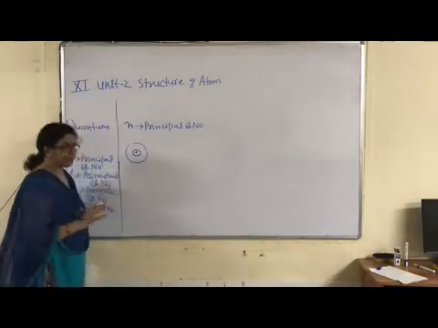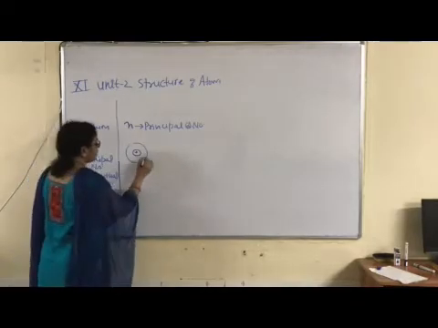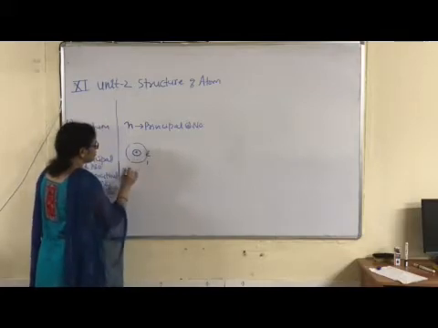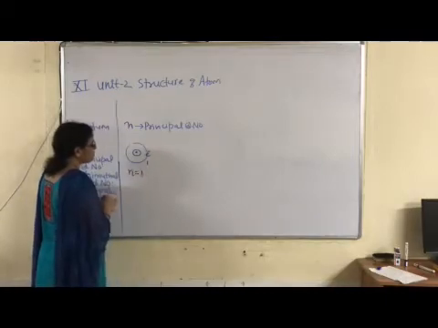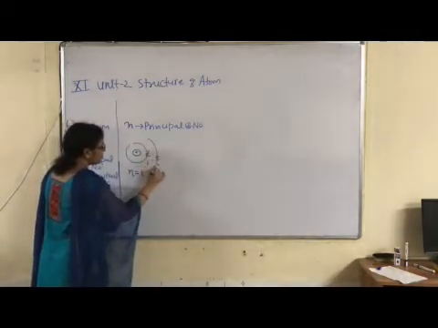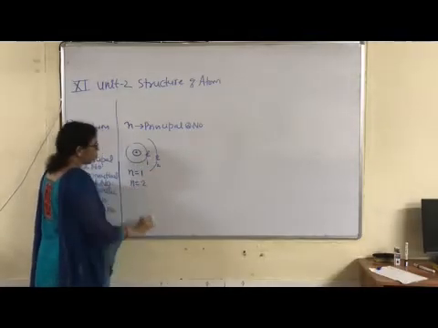But in a subshell, this path is known as an orbital. If the electron is present in the first orbit, then the value of the principal quantum number is n equal to 1. If the electron is present in the second orbit, then n is equal to 2.